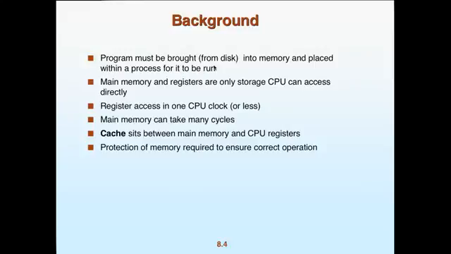Main memory and registers are the only storage the CPU can access directly. Registers are going to be the fastest form of memory because they are closest to the CPU. There's not that much of a move to get from the CPU to the registers. In fact, we could take memory and categorize it as RAM, DRAM, SRAM, cache memory, secondary storage, which is what the next chapter is about, long-term memory, and registers.